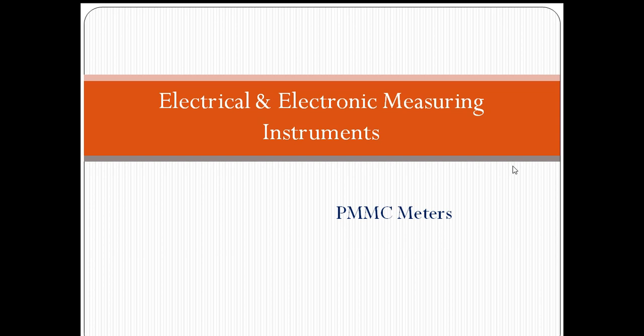What the different torques are and what the essentials for a measuring system are, we discussed in detail in the previous classes, in the basics of measuring instruments. Now we are going to discuss the construction and working of different meters. First of all, we will start with PMMC meters, permanent magnet moving coil meters.